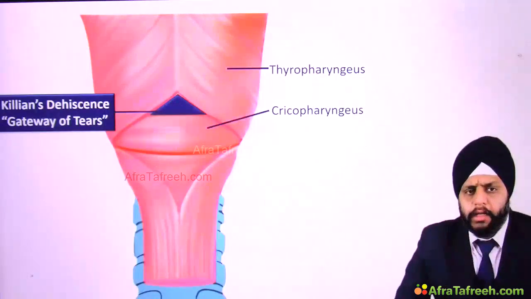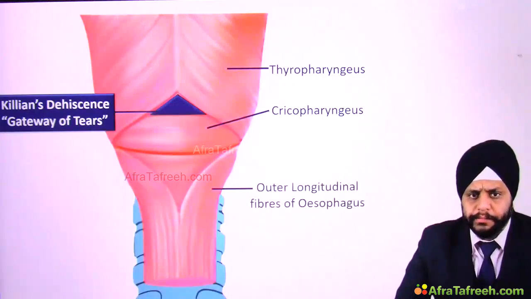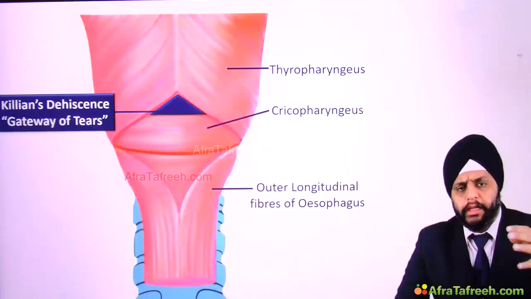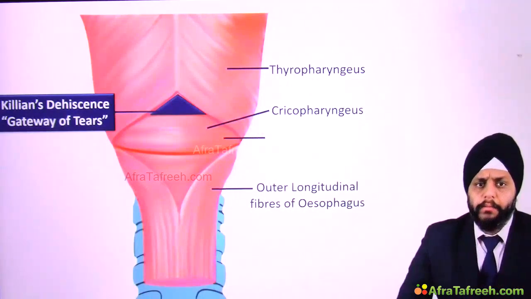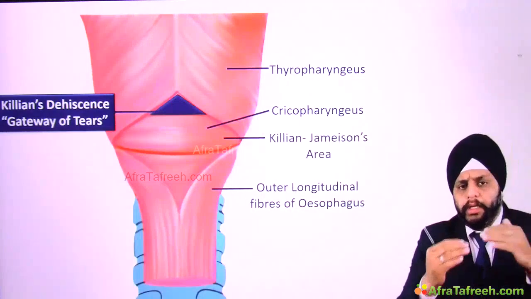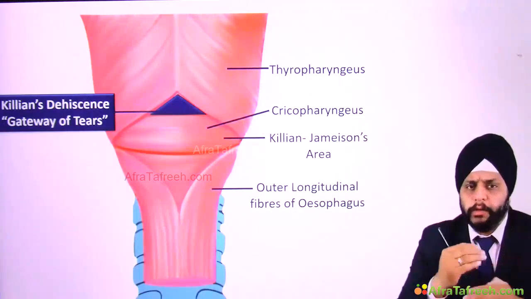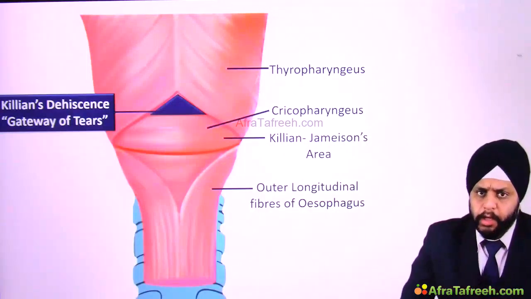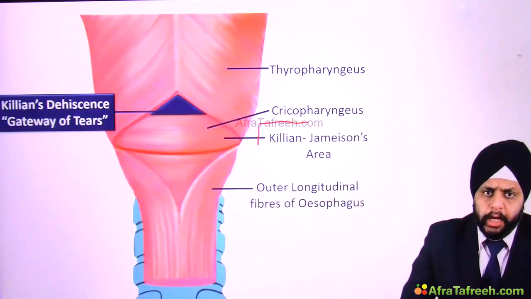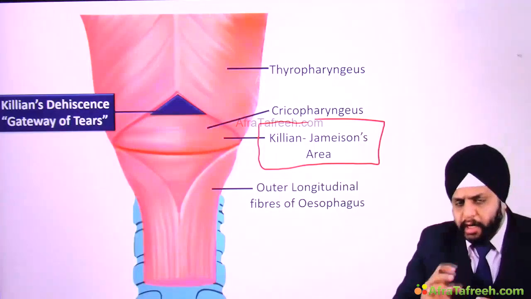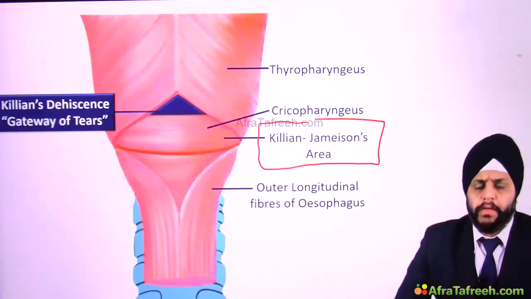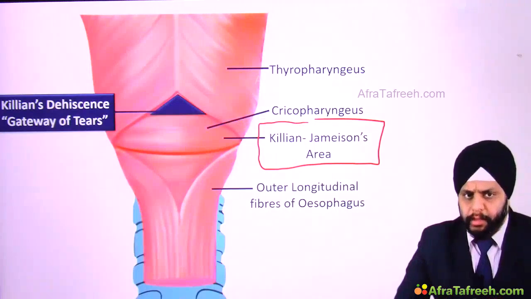Other than Killian's dehiscence, there is another anatomical gap between the oblique and transverse fibers of the cricopharyngeus. On the lateral aspect we have an anatomical weakness area known as Killian-Jamieson's area.